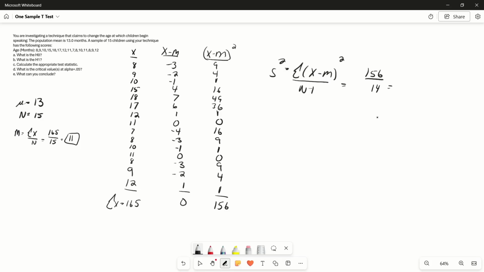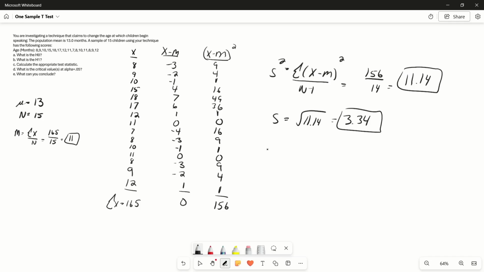And that will give us 11.14. That is our variance. Now to find the standard deviation, just take the square root of that. And that gives us 3.34. You may have some rounding going on here. It's okay.